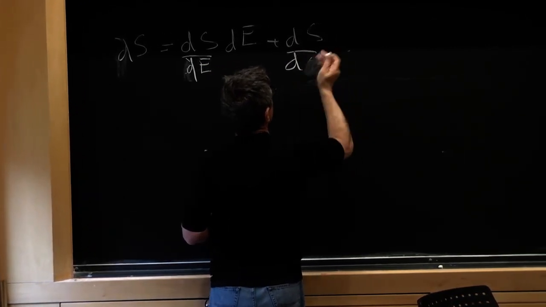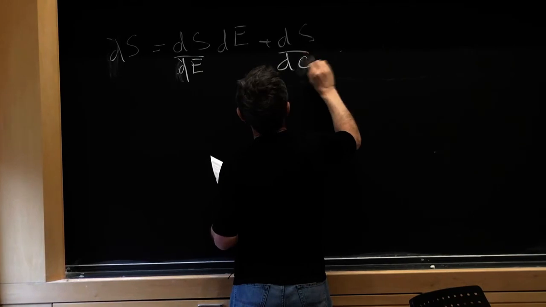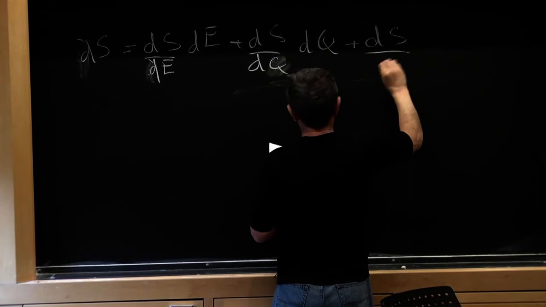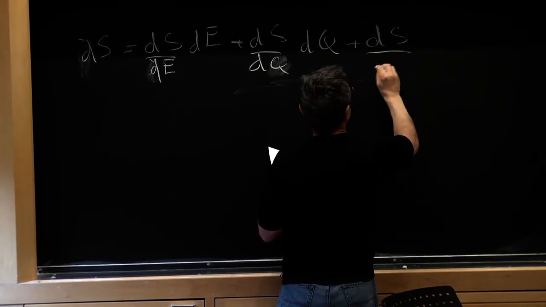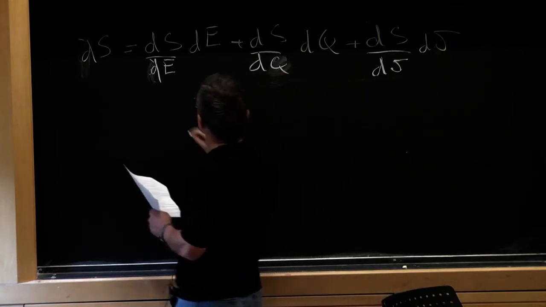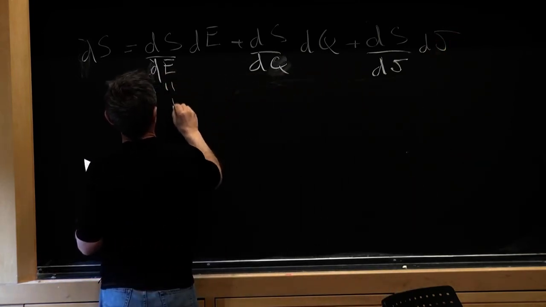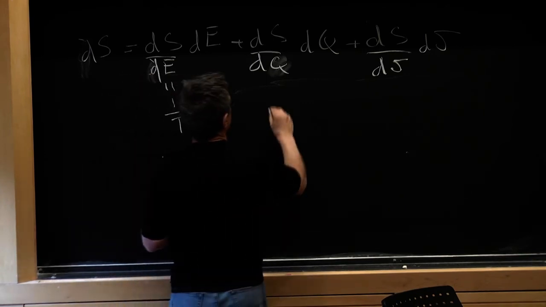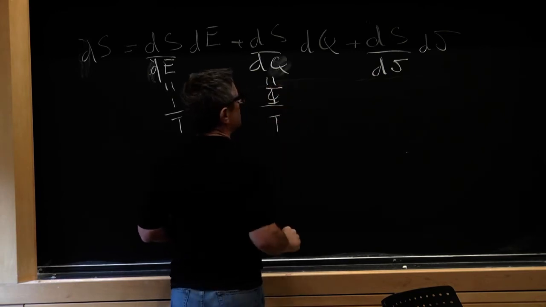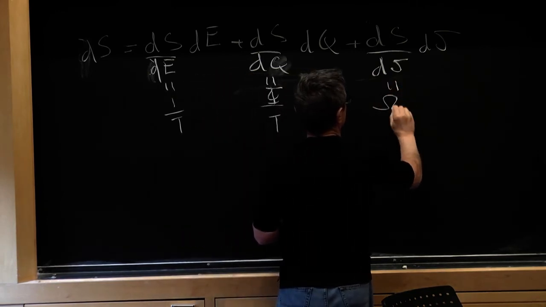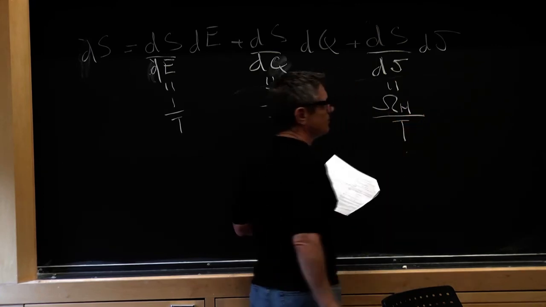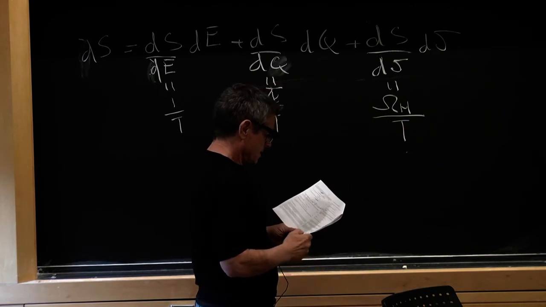This is how Boltzmann would think of the first law, where this works out to be 1 over the temperature, this works out to be the potential over the temperature, and this works out to be the angular potential of the system over the temperature.